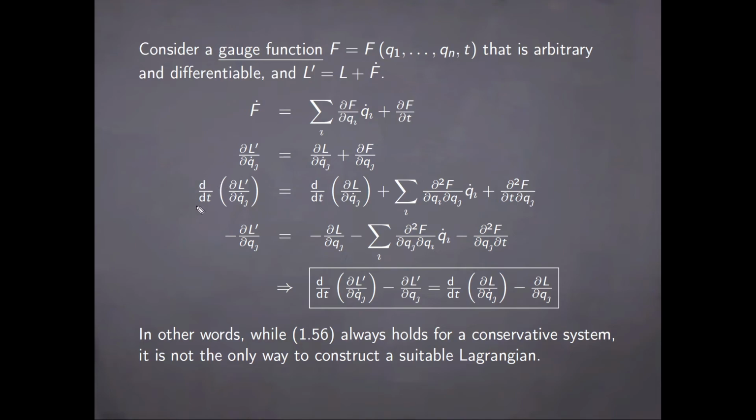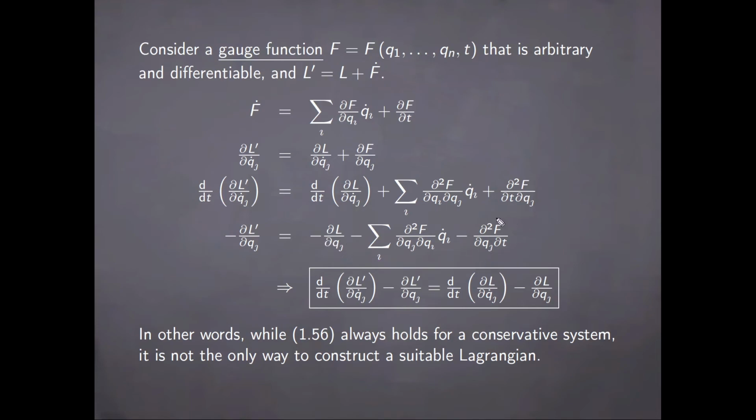And then if we take the total time derivative of this expression, this leads to here, and this term is expanded into what you see here. If we then take minus the partial derivative of L prime with respect to a generalized coordinate, we obtain from here this term, and from this term once again a usual expansion.